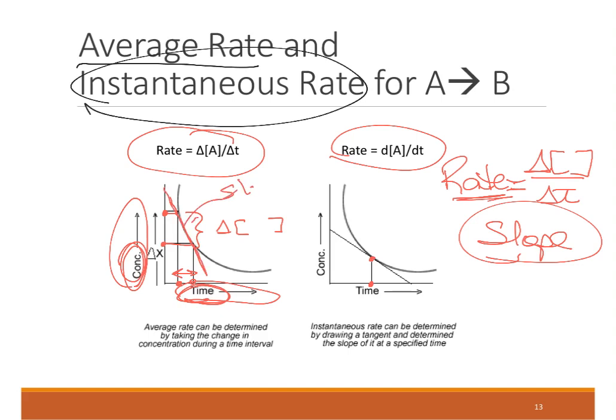So this slope would be the average rate over that period of time. Now, again, what if I asked you for the rate of the reaction at specifically this moment in time? For those of you who have taken calculus, for an instantaneous rate you would draw a tangent line on that curve, and the slope of that tangent line would give you the instantaneous rate.